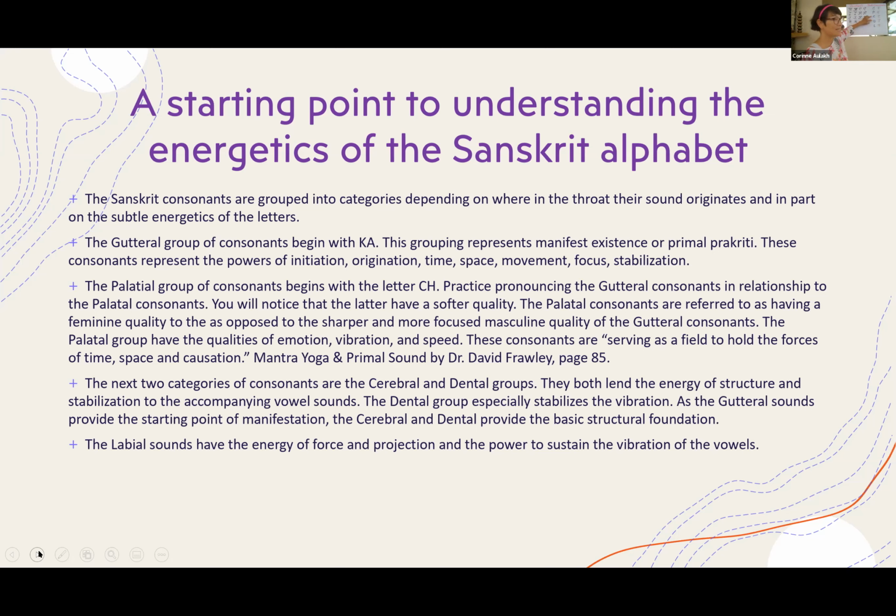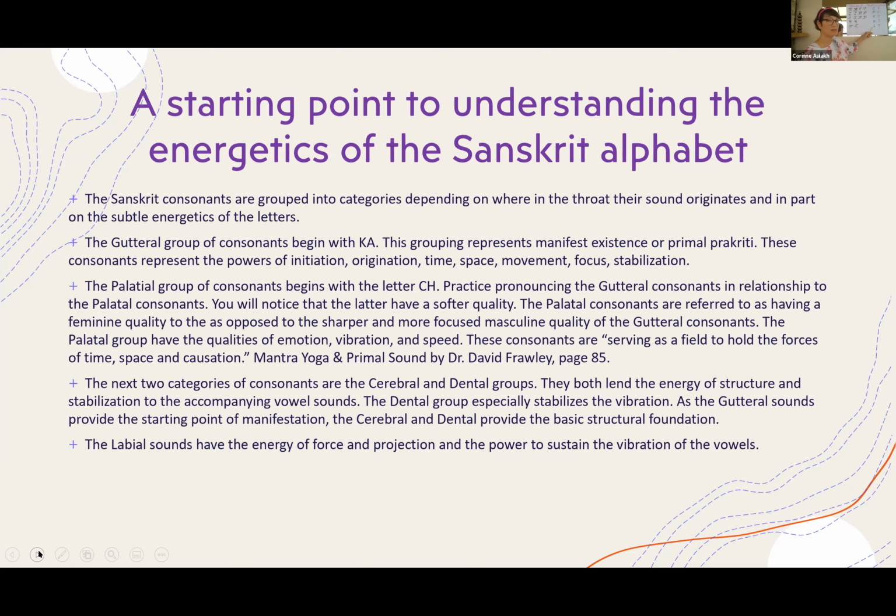The cerebral and dental group of consonants add the template, the structure, the foundation within which the vibration of the vowels are guided, let's say. So they help to stabilize and guide the vowel vibrations.